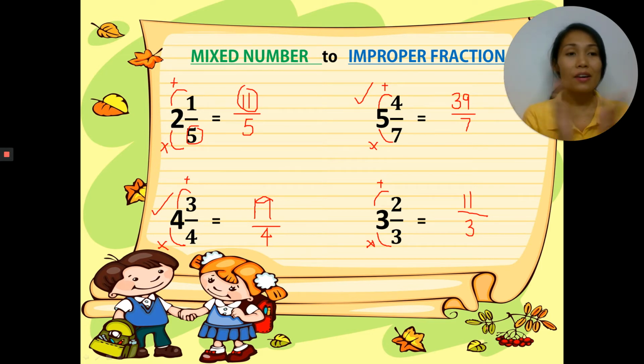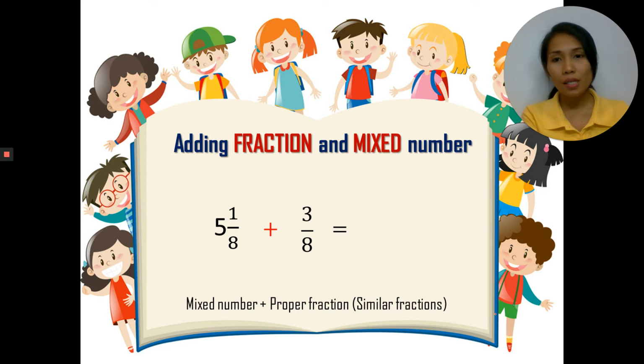Easy, right? So if you know how to convert mixed number to improper and improper to mixed number, then adding and subtracting fractions, either unlike or like fractions, would be very, very simple. All right. So let's proceed and try adding fraction and a mixed number.